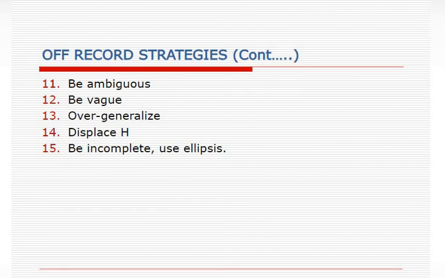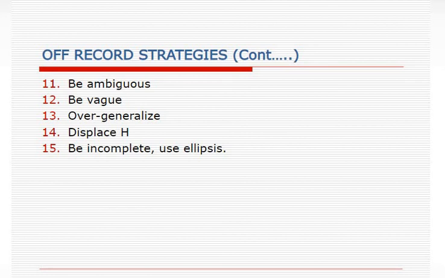So in previous class, we talked about the theory of politeness, in which we have discussed all about the basic terms and concepts of this particular theory. And in today's class, we have specifically talked about the types of strategies, in which we have discussed there are four basic strategies: off record, bald on record, positive politeness, and negative politeness.